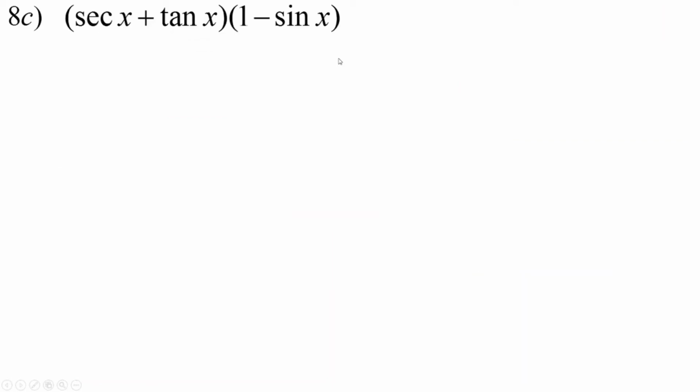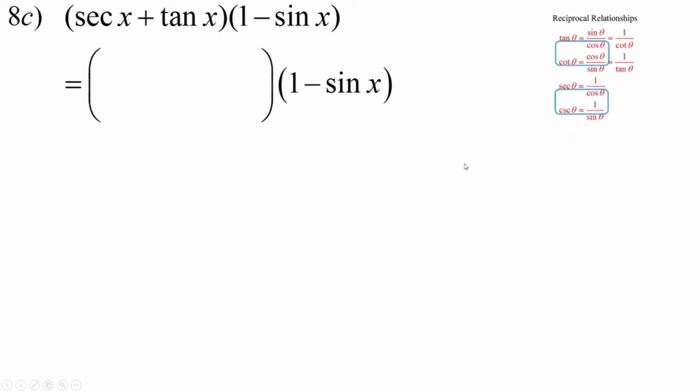Okay, let's try 8c. Oh, secant plus tangent minus sine. Okay, so we're likely going to use our reciprocal relationships, and we're going to write everything in terms of sine and cosine here again. I've got secant and tangent, so I'm going to use this one and this one right there.